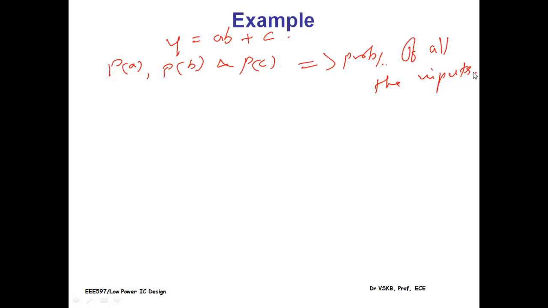I would want to know what is the output probability P of y. Now from the equation, P of y will naturally be equal to, I would first take A to be your xi and probability of A, that is I am putting 1 for your function. What is the f of xi?